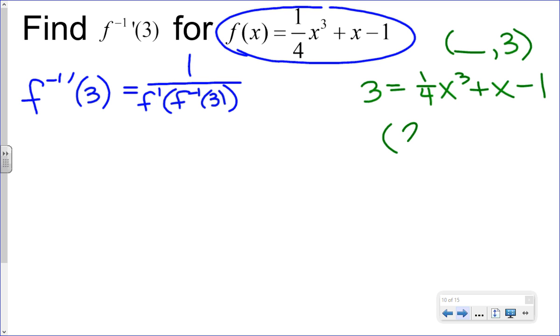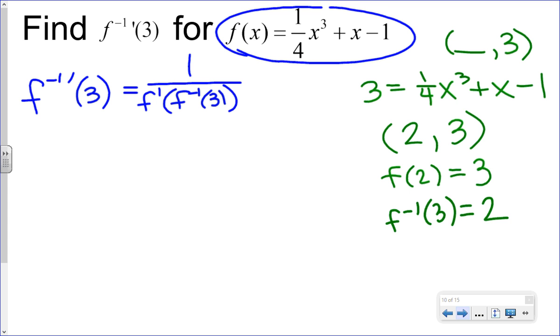So when x is 2, y is 3. Let me write it like this. f of 2 equals 3, which means f inverse of 3 equals 2. X and y switch from function to inverse. Right?